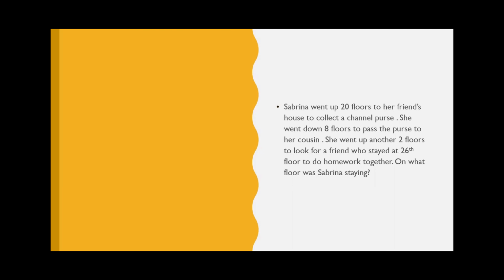And then she went down 8 floors to pass the purse to her cousin. And after that, she went up another 2 floors to look for a friend who stayed at the 26th floor to do homework together. What floor was Sabrina staying on?